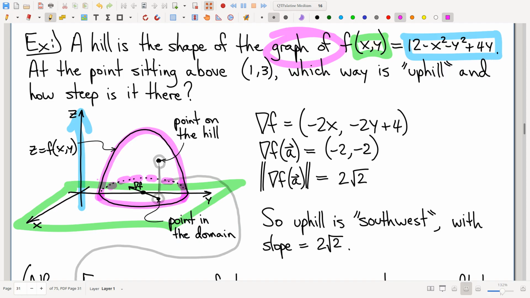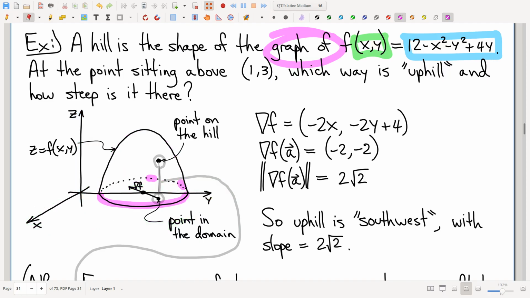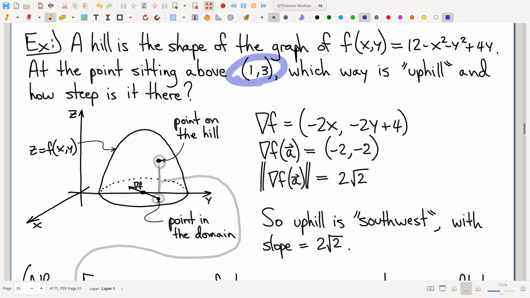So we have a similar issue here that I think is, again, kind of the trickiest part of this problem. So I talk about this point 1, 3, which, again, thinking of the domain as being the xy plane, a little sloppy, but anyway, that's where you might think of the point 1, 3. Is that where I am? Well, no, that's underground.